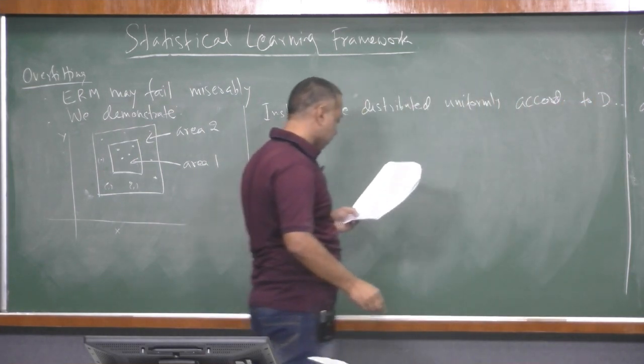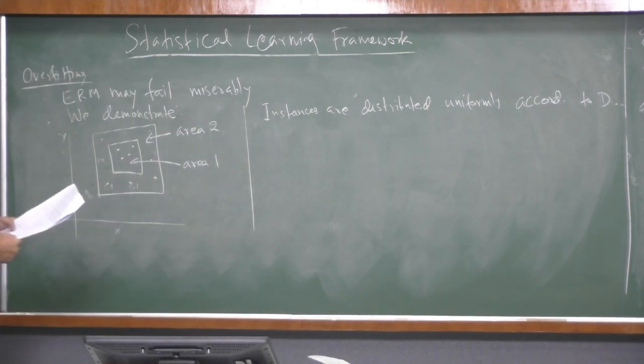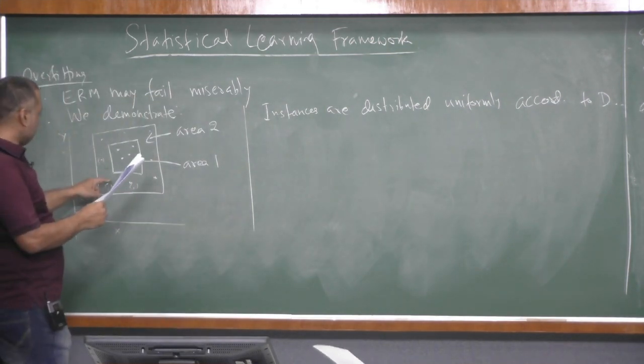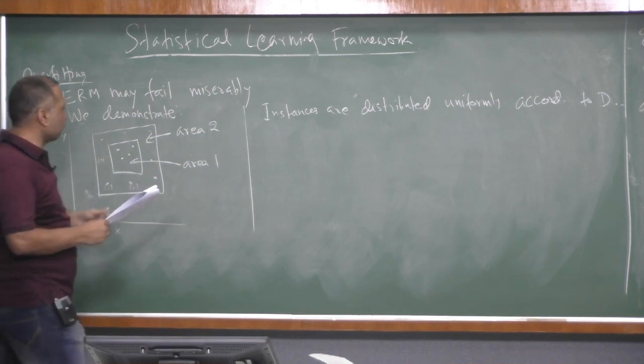Now there is, let us say, a label function f which detects whether an instance is inside the square or outside the square.